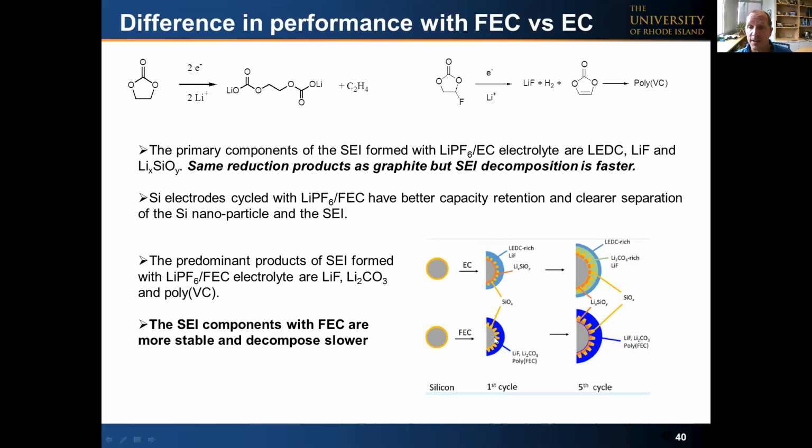While in the case of the FEC-based electrolyte, we generate an SEI which is composed of lithium fluoride, lithium carbonate and poly FEC, and after multiple cycles, this SEI doesn't really change. It's stable. So the SEI components with FEC are more stable and decompose at a slower rate, and that's why you get the improved performance, because of the increased stability of the SEI and of the SEI components, in particular the lithium carbonate.